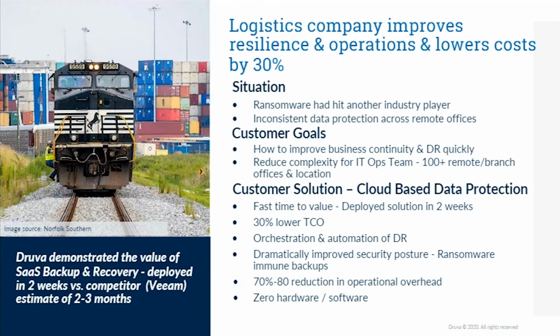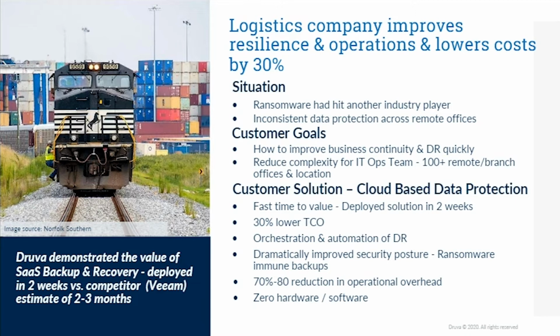This was a logistics company that faced a couple of challenges. First, they'd already seen ransomware hitting other industry players more than once in their environment. So they knew that hackers were targeting players in their industry.